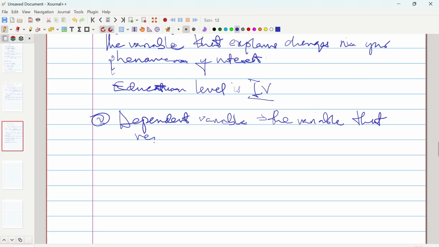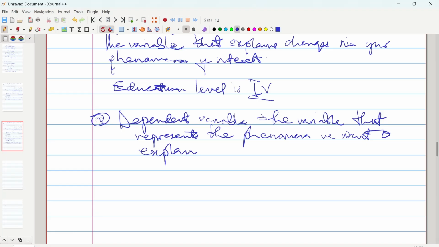In this case, our dependent variable is income levels. So we can say that income levels is our DV. Now others call the dependent variable the outcome variable. It means the same thing.